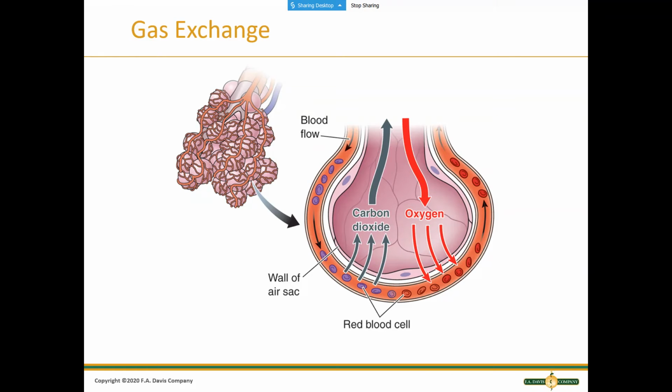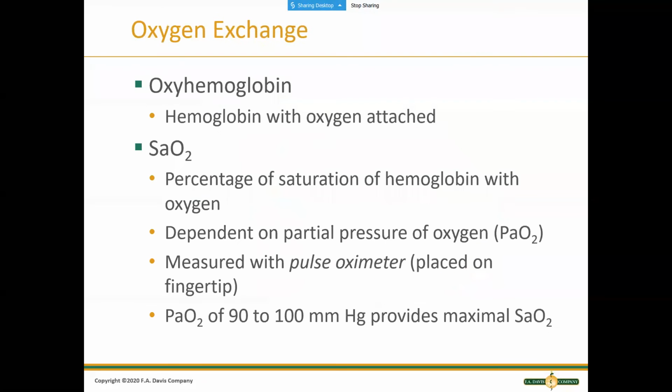The oxygen binds to the hemoglobin on those red blood cells. The fancy word for that is oxyhemoglobin. It's the hemoglobin that has oxygen attached.